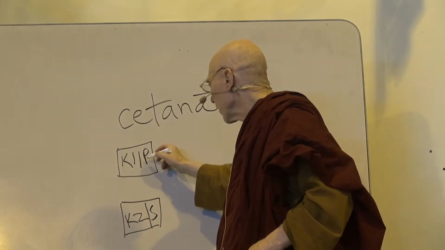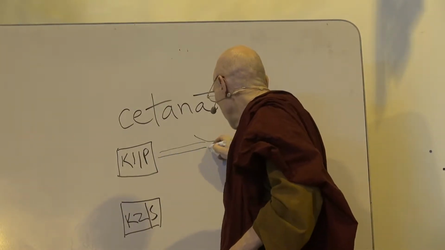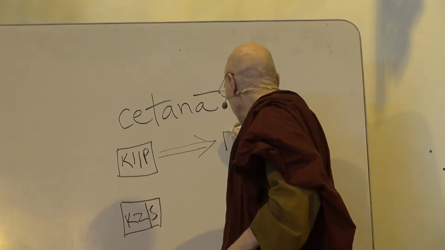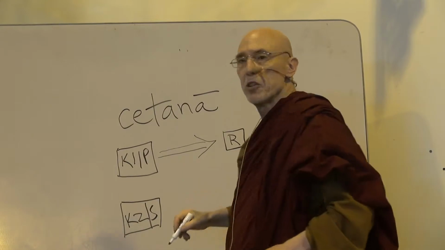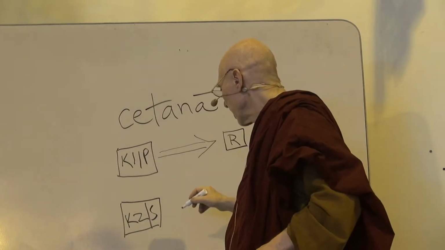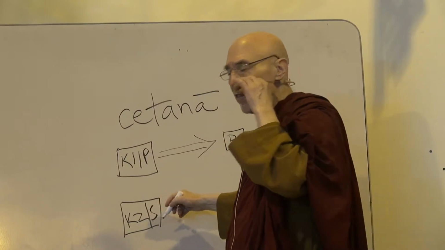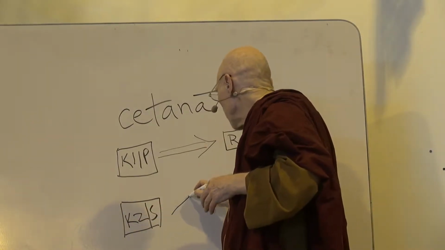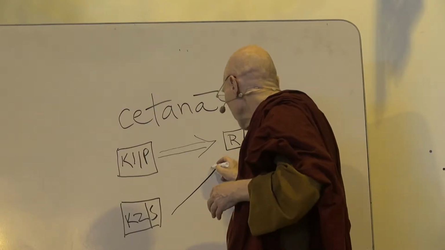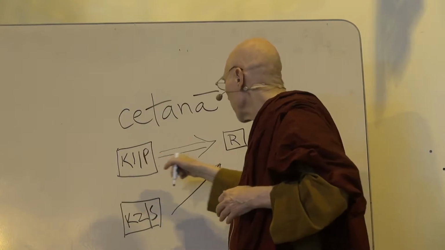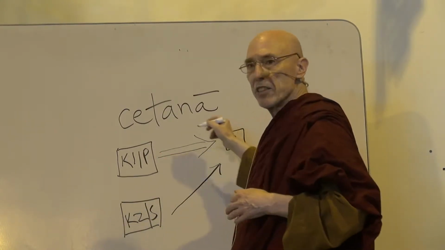So karma 1, the productive karma, produces a certain result. Now, karma 2, the supportive karma, isn't producing its own result, but it's coming to the aid of the productive karma, so it could be intensifying the result.